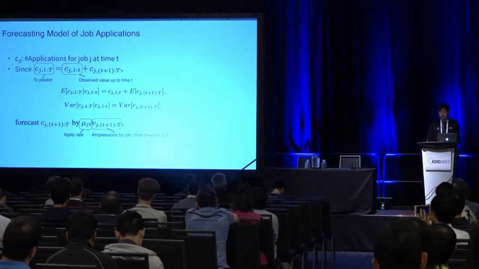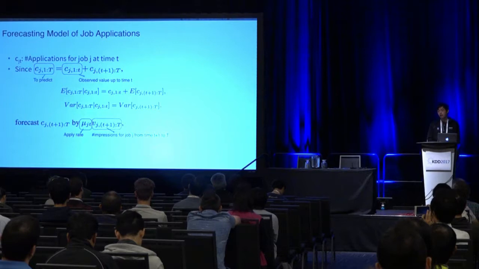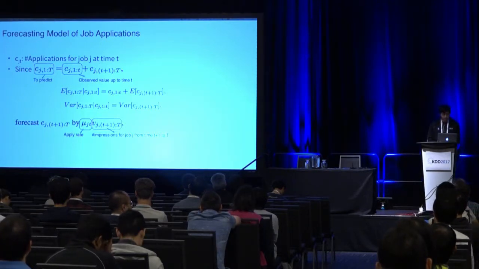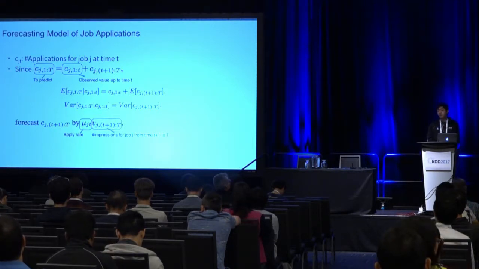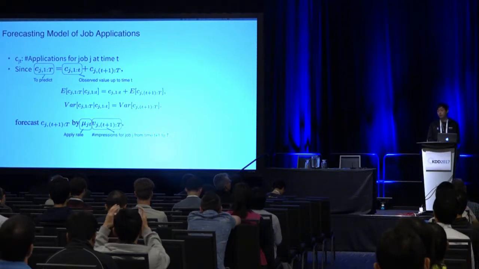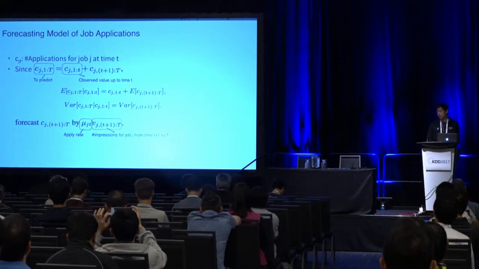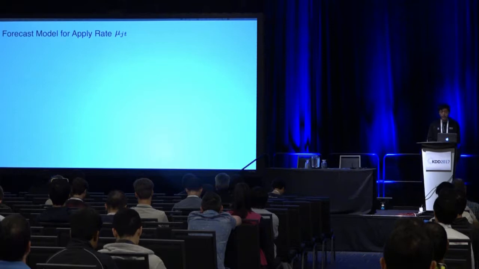Here we are making a somewhat strong assumption that mu and v are independent, which simplifies a lot in terms of our prediction. Now the question is, what is the model for mu and what is the model for v? Once we are able to build a statistical model for mu and v, then we should be able to have a mean and variance estimate for C, which is the number of applications that we want. That is the high-level idea. Okay, so apply rate, mu_jt.